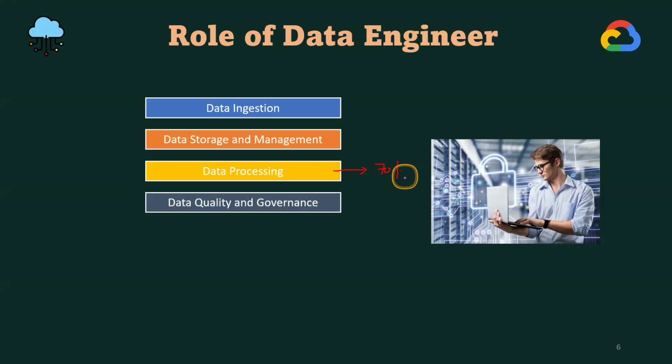And the next one is data quality and governance. As I told you, we need to ensure that whatever data we are dealing with is accurate and complete throughout the system, right? So that's the reason data quality is very much important for the end users. Whenever I am connecting with some client, I give confidence to my client saying that the data I am dealing with is this much accurate.